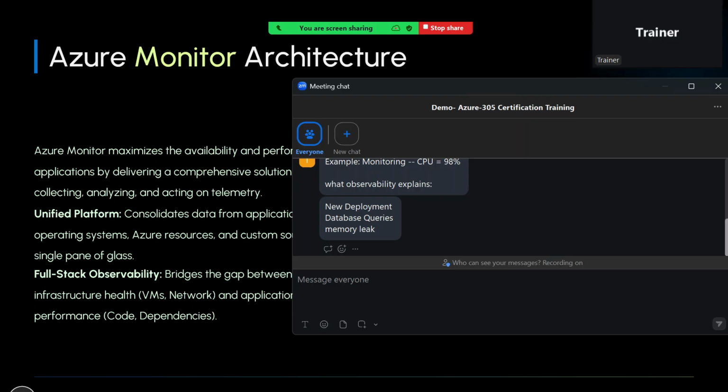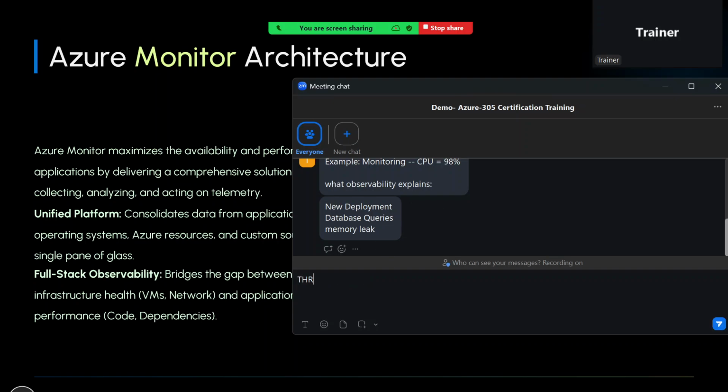There are three pillars of observability, which is a very important concept. The modern observability relies on metrics, logs, and traces.